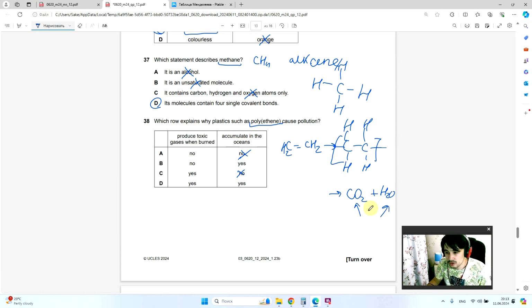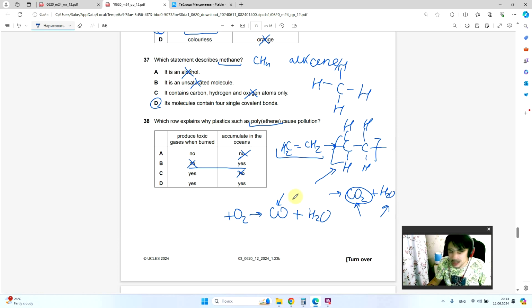I suppose none of them are toxic, but carbon dioxide is a greenhouse gas, but we don't have anything about it, so this is not the correct answer. Why not? Because these polymers can undergo incomplete combustion. When they undergo incomplete combustion, they can produce carbon monoxide and water. This substance is a harmful toxic gas, known also as a silent killer, and D is the correct answer.